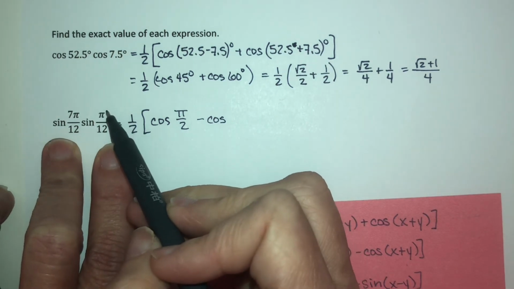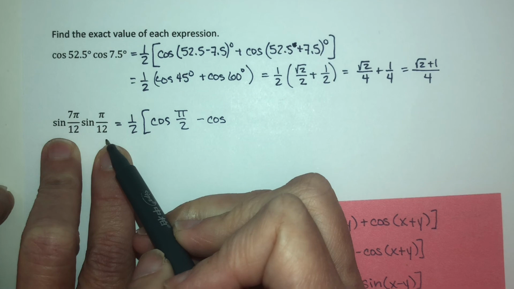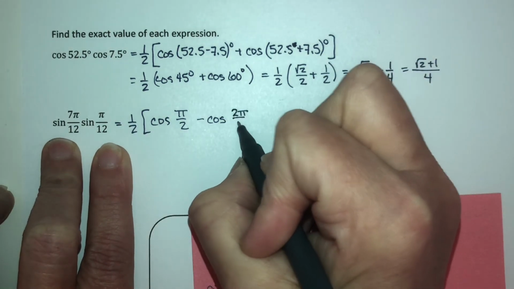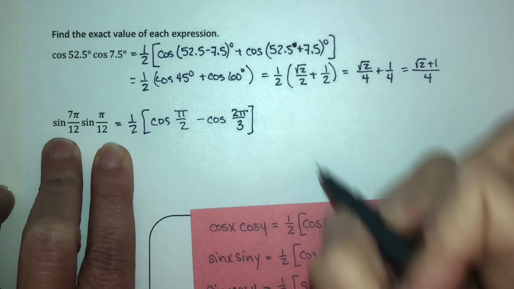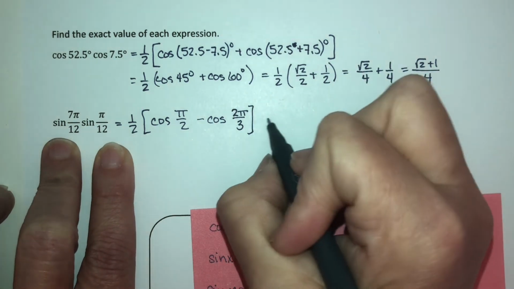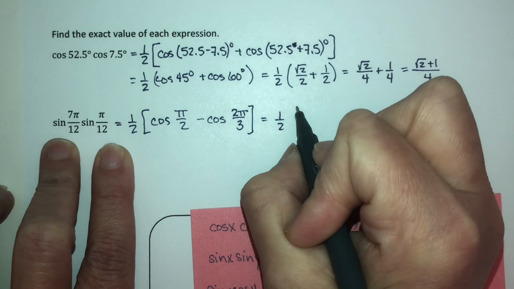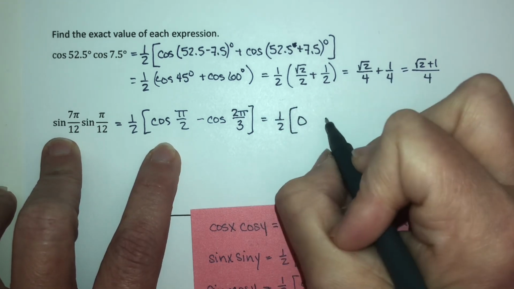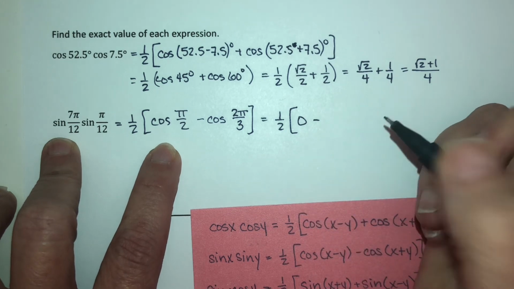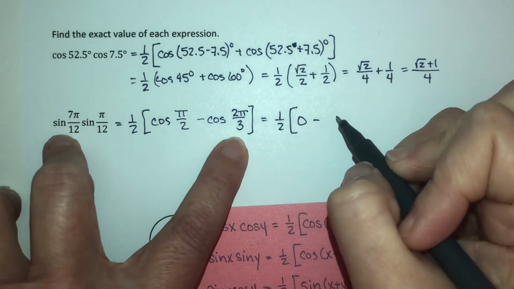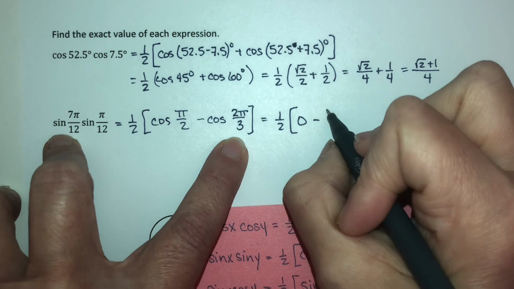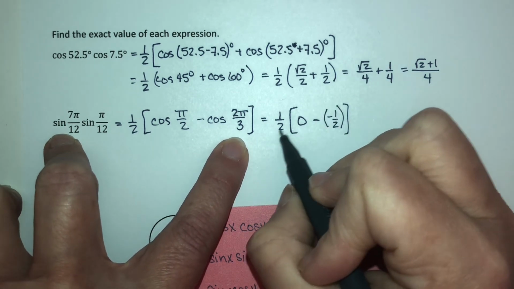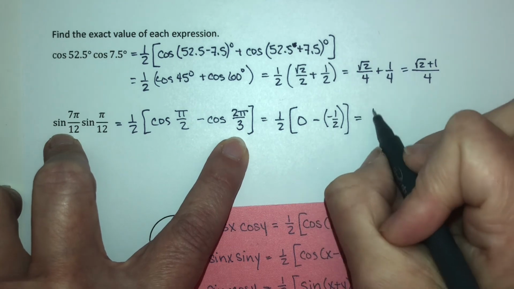That will be 8 pi over 12, which reduces to 2 pi over 3. So this is 1/2 times cosine of pi over 2, which is 0, minus cosine of 2 pi over 3, that's negative 1/2. So I have 1/2 times 1/2, and your answer is 1/4.